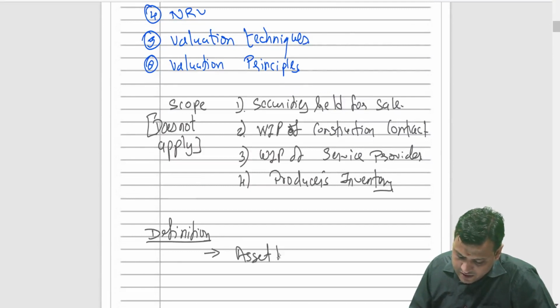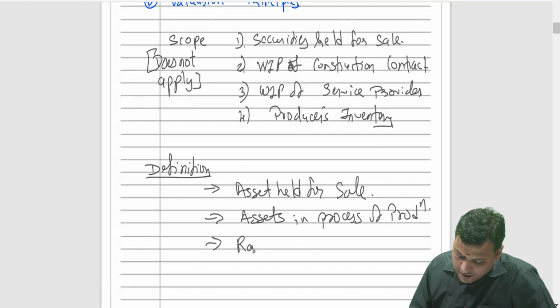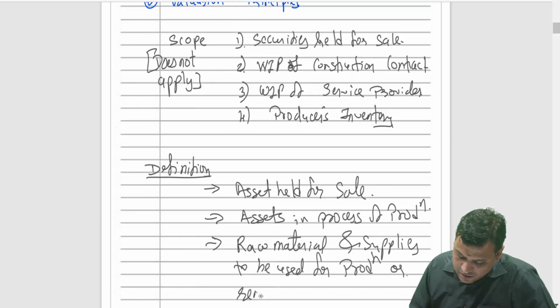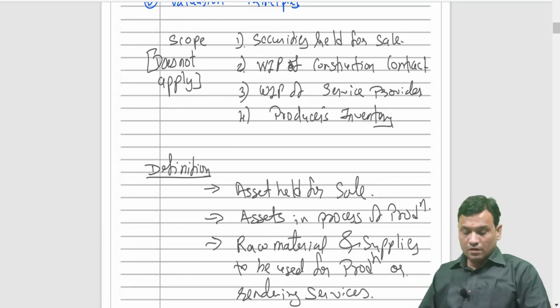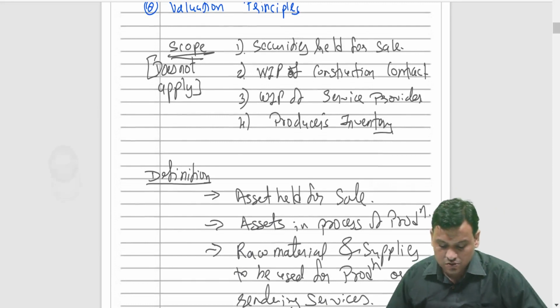Assets held for sale, then assets in the process of production, and the last was raw material and supplies to be used for production or rendering services. Okay friends, so this was your definition.